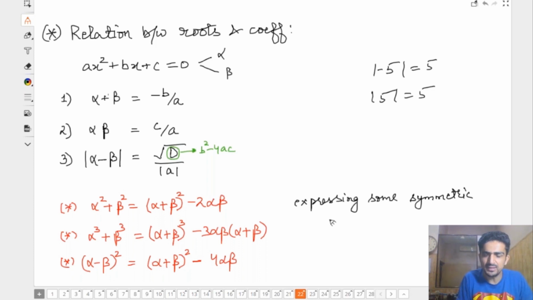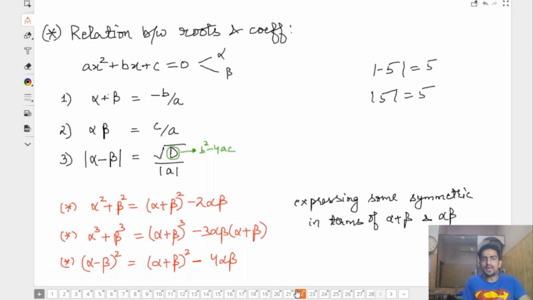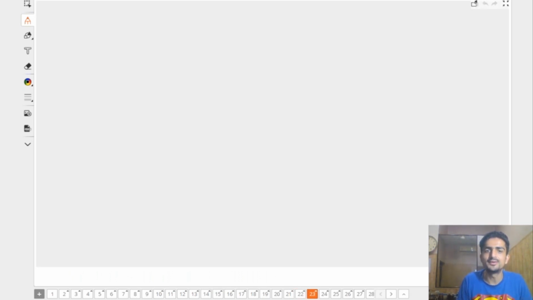I am just expressing them in terms of alpha plus beta and alpha into beta. Why am I doing that? Because in quadratic equations, these are the values which we know. So we will be requiring this here.